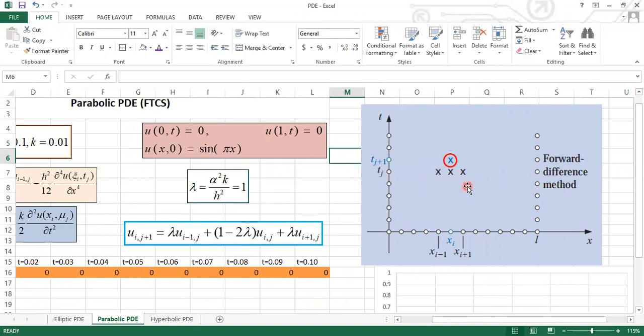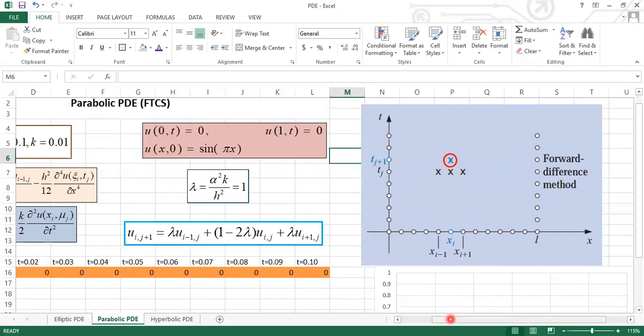So the equation that we will develop will be written in explicit form for this encircled point, which is x i, t j plus 1.